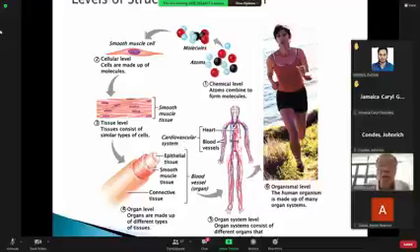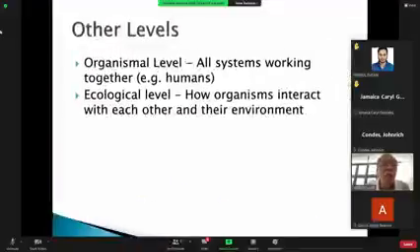Going outside, you have the organismal level working together, and outside the organism is the environment. We call it the ecological level. So the ecological level is the 7th level. How the organisms interact with the environment is known as ecological response, because our genetic material responds to the environment.